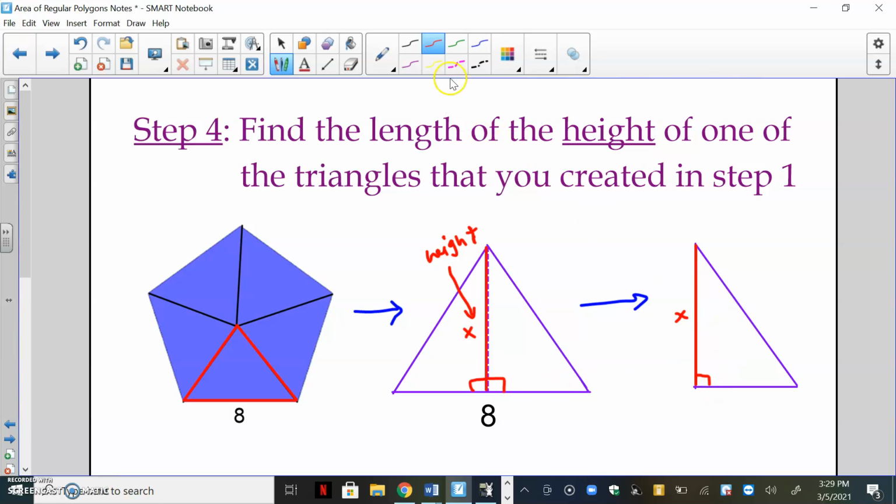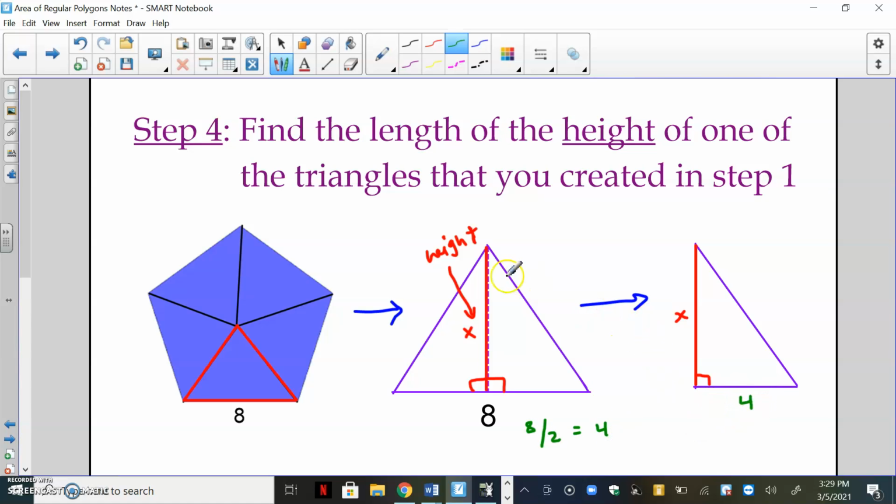There's a couple things I know about this triangle. First of all, I know the base of it because the big triangle had a base of 8. But if I split this triangle in half, I would have to split that 8 in half too. So this becomes 4.